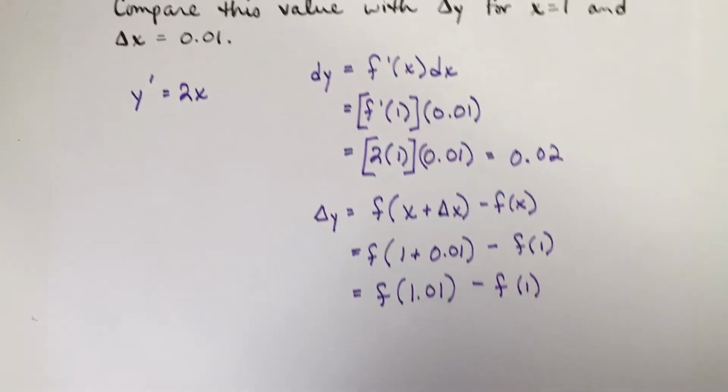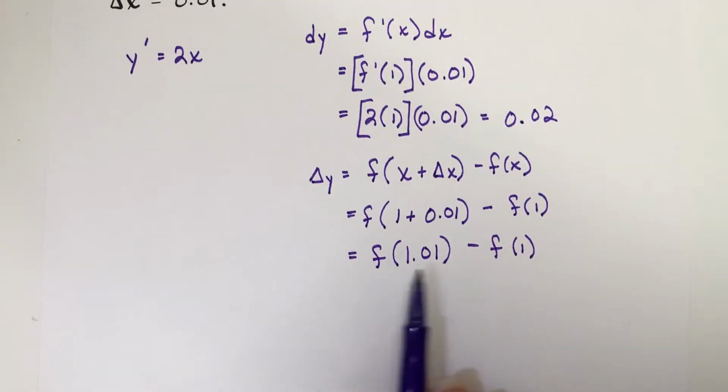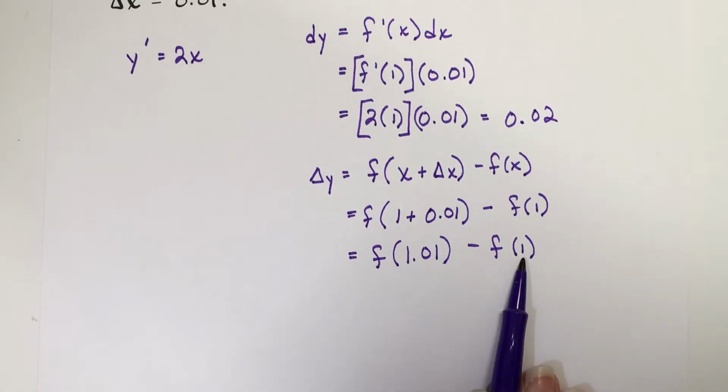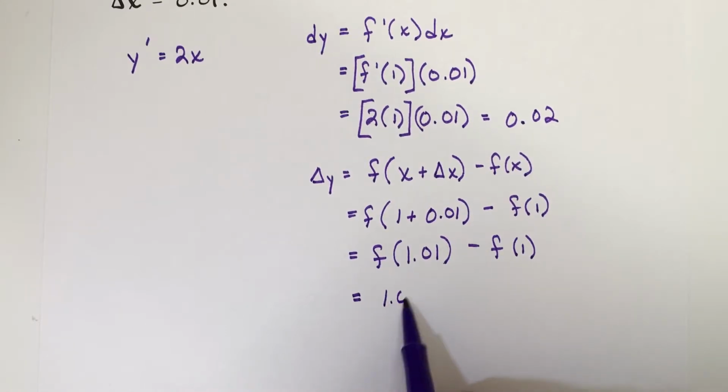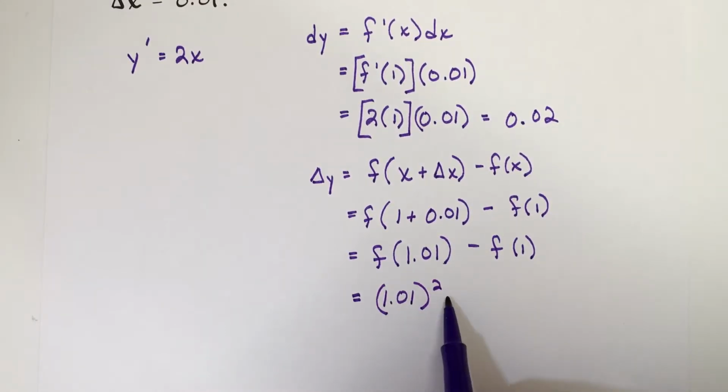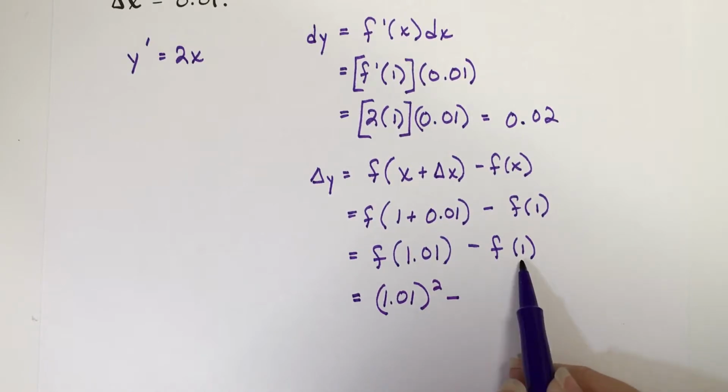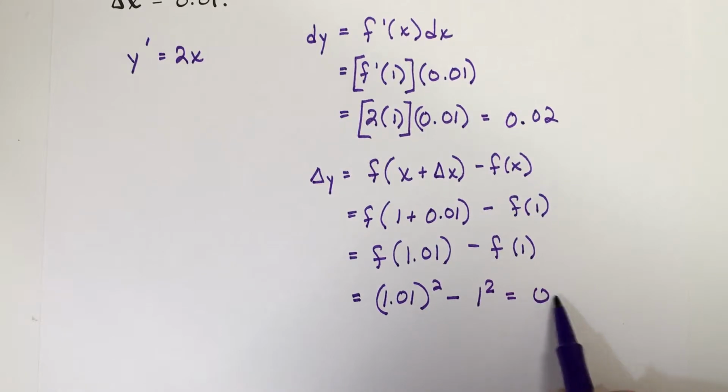Now, this time, of course, this is in reference to your original function. So you're going to evaluate your original function at 1.01 and then evaluate your function also at 1 and then subtract those values. So going back to your original function, which is y equal x squared, we need to first substitute in 1.01 squared minus, and then the original function evaluated at 1. And if you do these calculations, you will end up with this, okay?